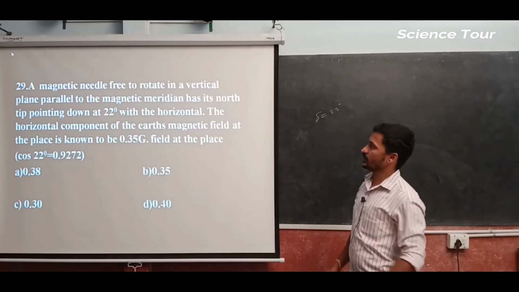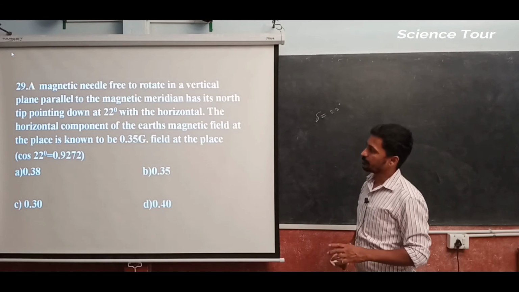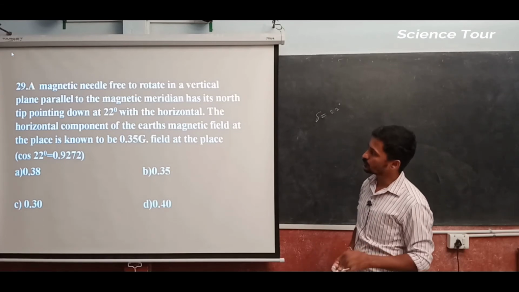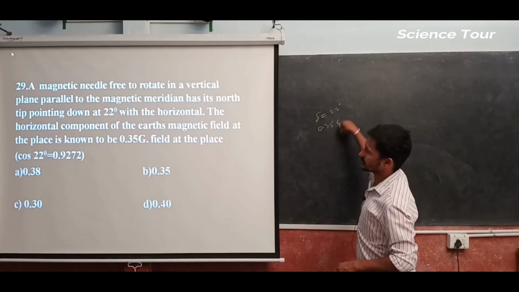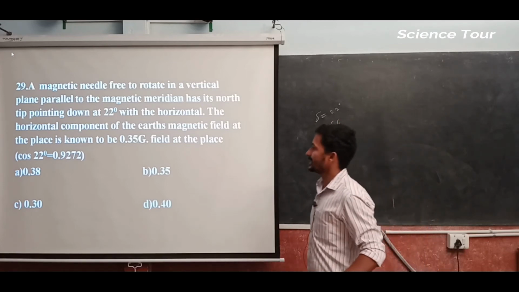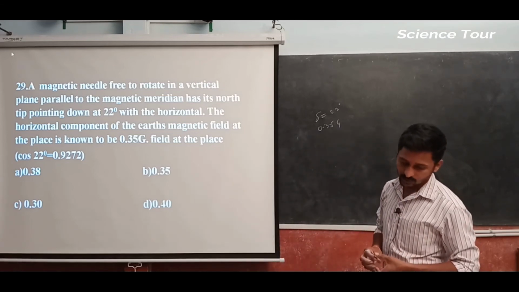With the horizontal component of the earth's magnetic field at the place known to be 0.35 Gauss, you have to find out the field at that place.